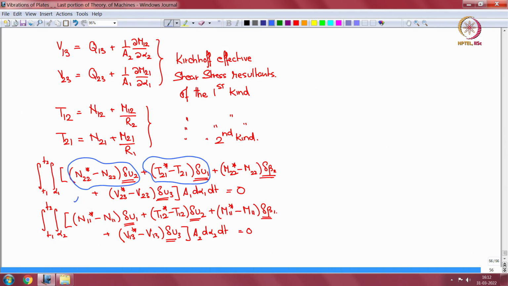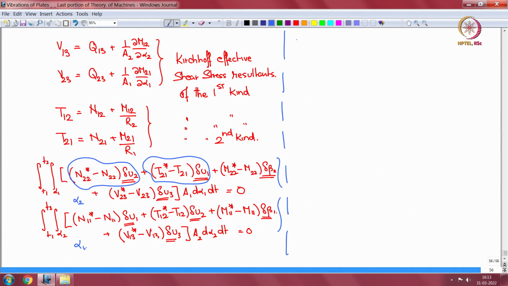Okay. So, these are at the alpha 2 constant edges, these are at the alpha 1 constant edges. So, this gives us the boundary conditions. The Hamilton's law affords us the boundary conditions in addition to the differential equations.